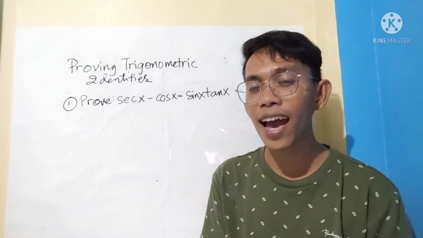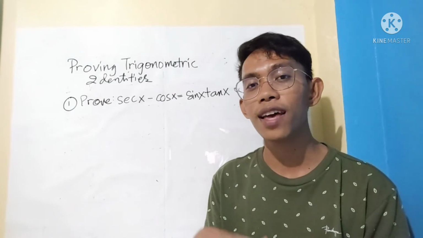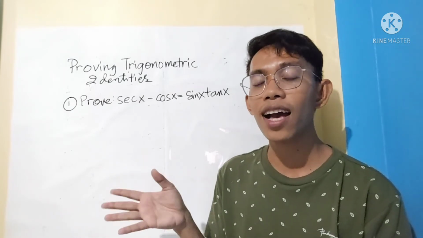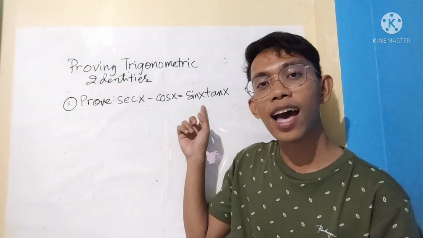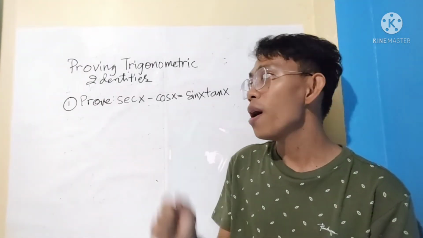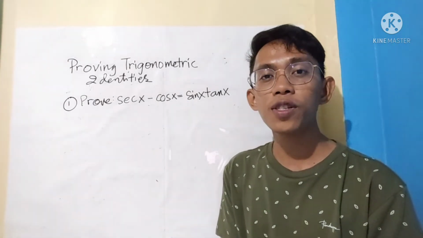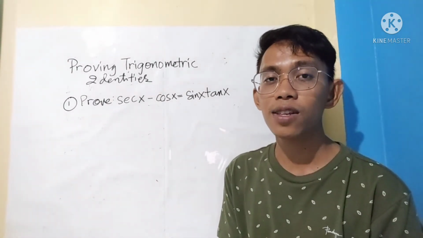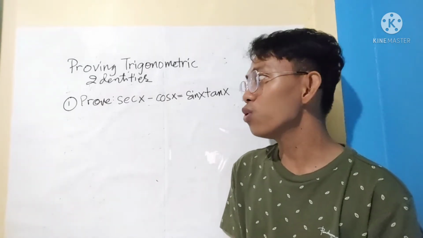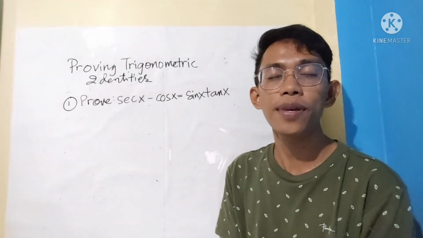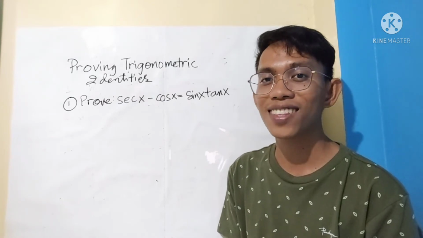For this particular item, I am choosing the left hand side at siya ang aking gagalawin at gusto kong maipakita sa inyo na equal nga siya rito. So, my first step will be to express secant theta as 1 over cosine theta because I know that yung secant ay reciprocal ni cosine.